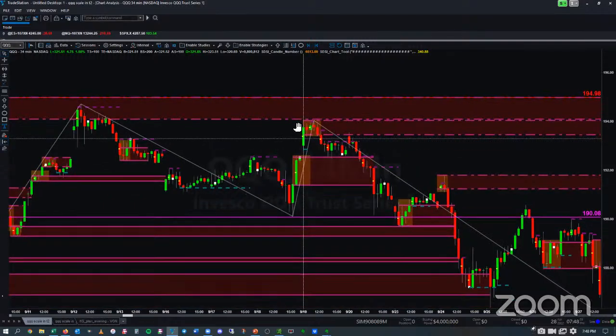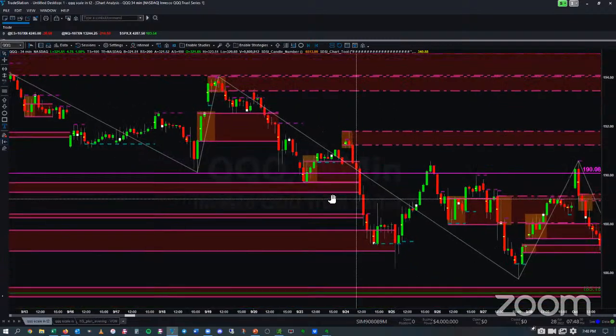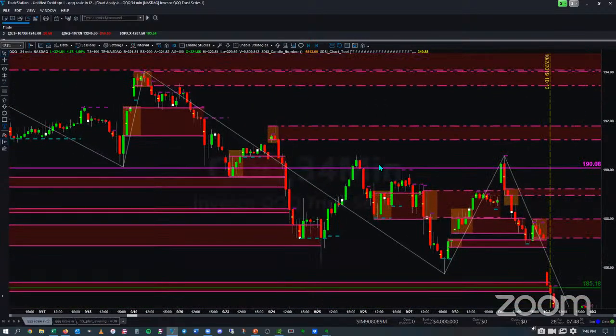So I can see the 1-to-1. And you can see price came down here and hit the 1-to-1 from there. This supply band right here that was created was not hit before price made it to 1-to-1.